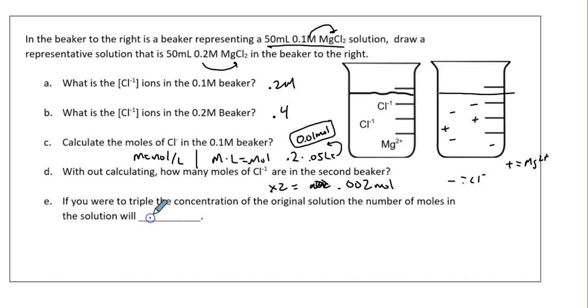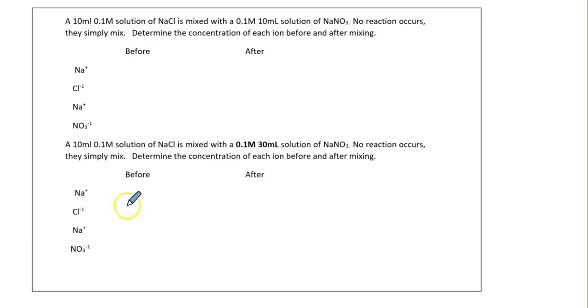It would be 0.03. So we're seeing a linear relationship here. Whatever I do to this one happens to this one. That's called a linear relationship. Same with the volume. If I multiply this times 100, this would be times 100. That's a linear proportion.